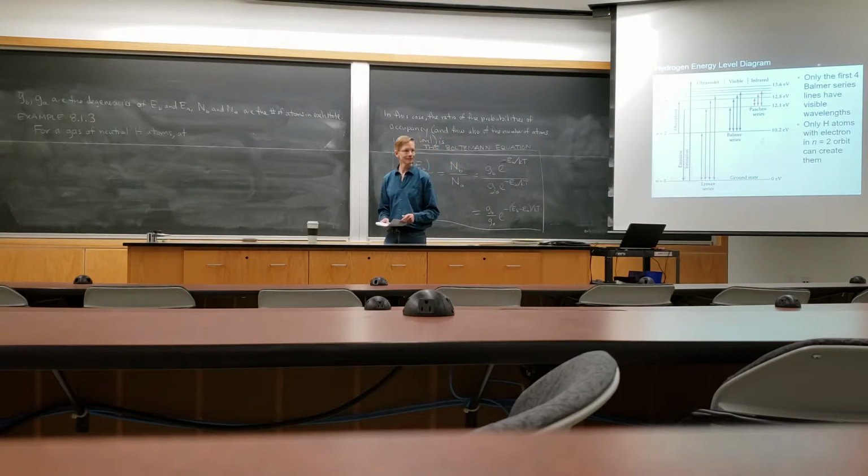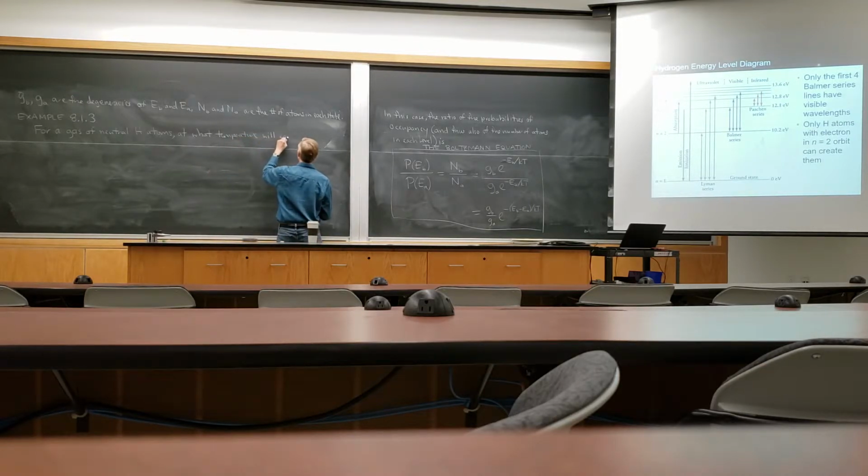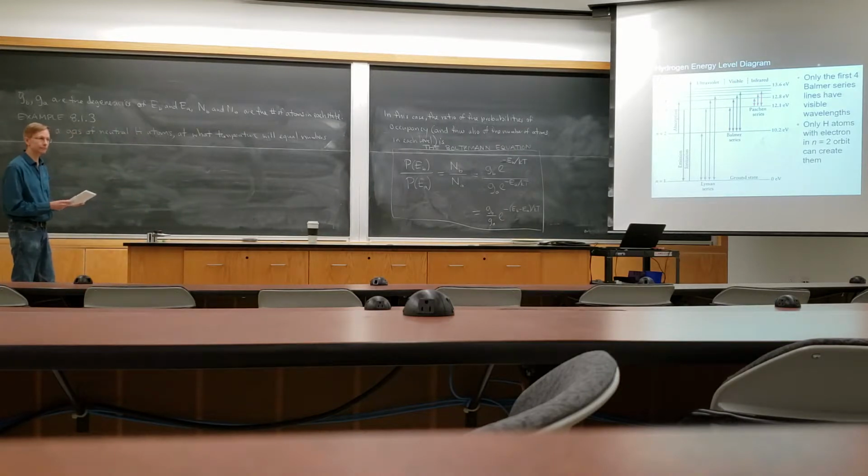In other words, for a gas of neutral hydrogen, at what temperature will equal numbers have electrons in n equals 1 and n equals 2?